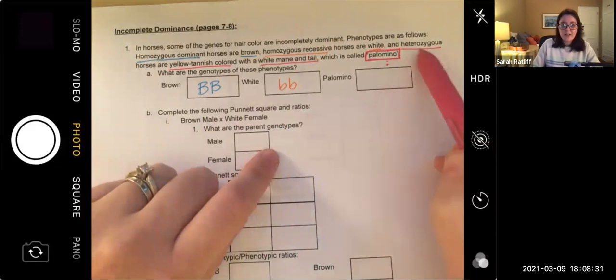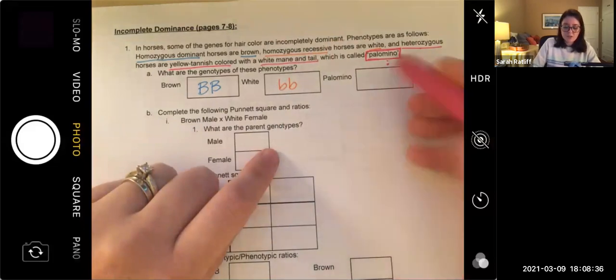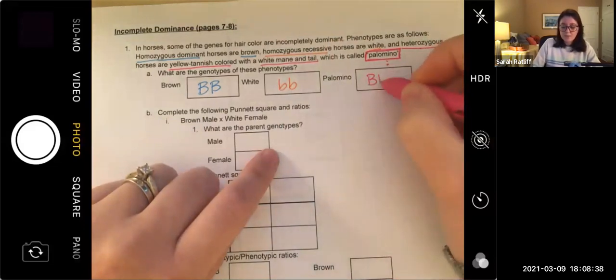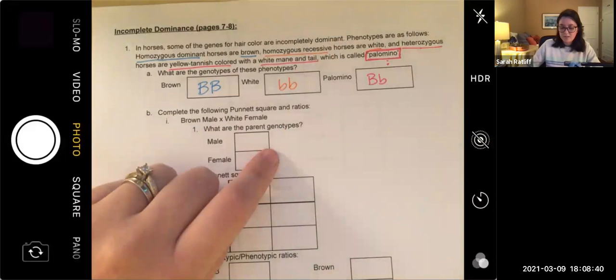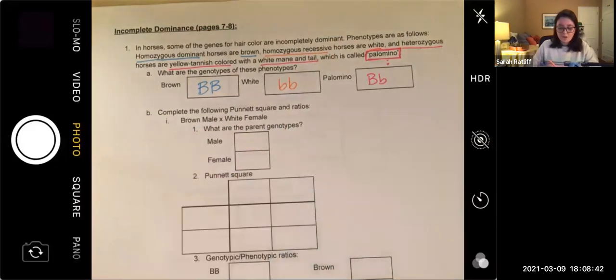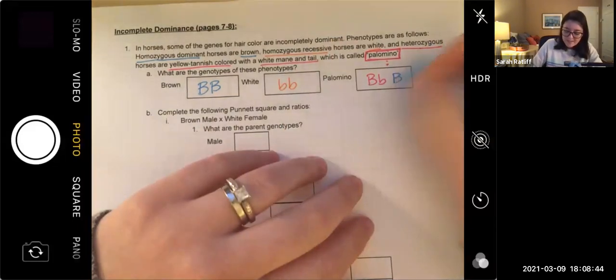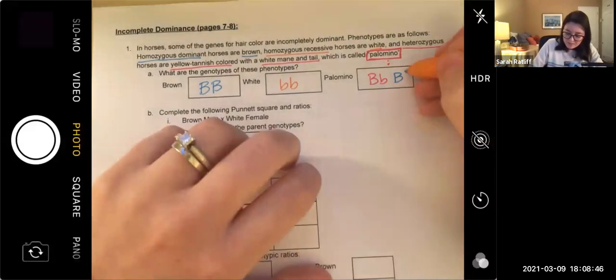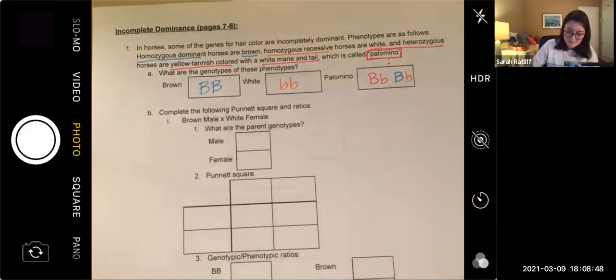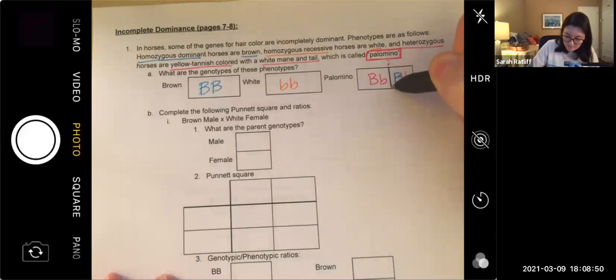Palominos are heterozygous. Hetero means different. We're going to have one of each capitalization, one big B, one little b. I should have used the colors that I used earlier. Or big B, little b. All right.